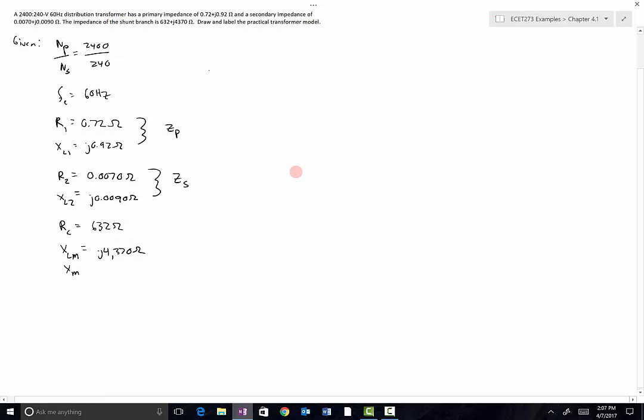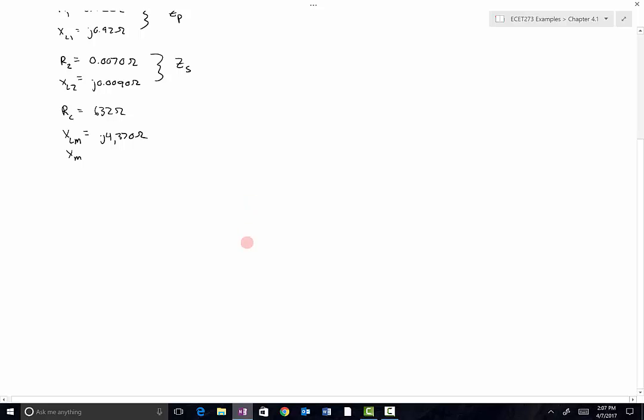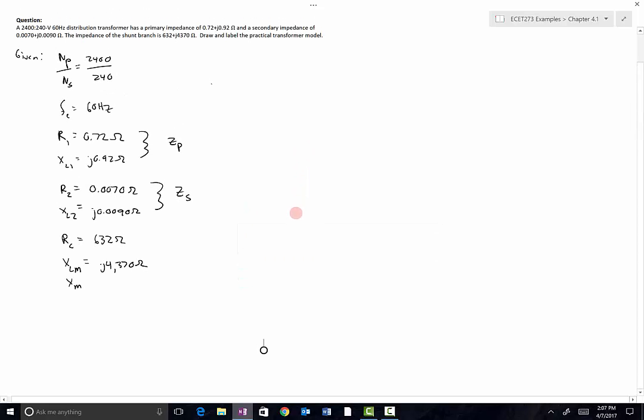So we're just asked to draw the practical transformer model. I'll do it to the side for this example. And I'm going to introduce a new piece of terminology just for fun: a lot of times transformers are called X-formers. Practical transformer model. The solution is you just got to know what the practical transformer model looks like.